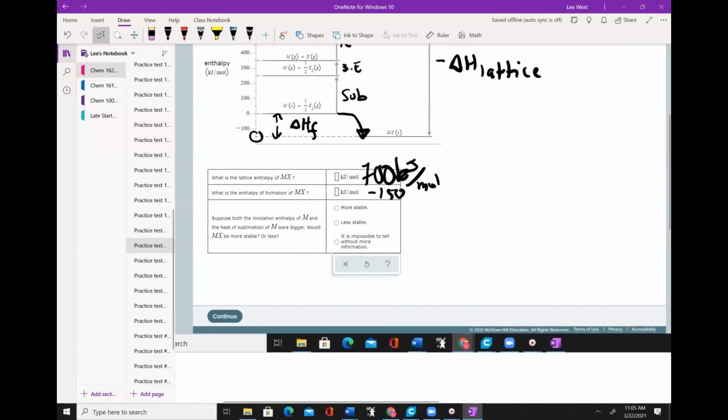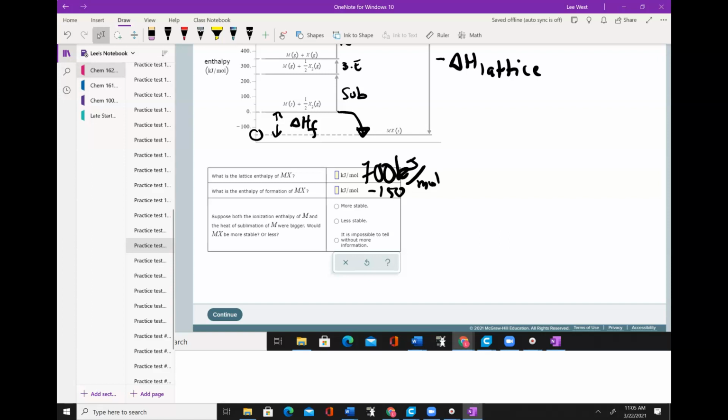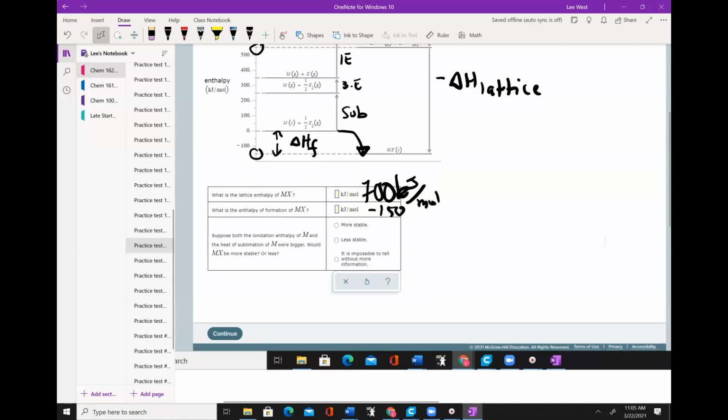And then this last one is always a little bit tricky. It says, suppose both the ionization enthalpy of M and the heat of sublimation of M were bigger. Would MX be more stable or less?